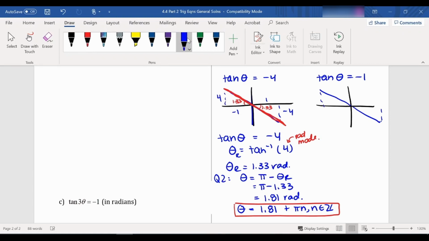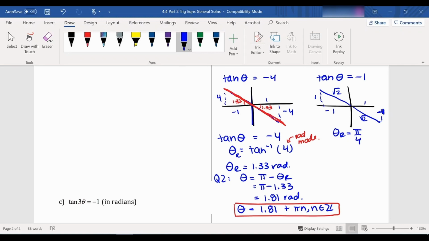For the next one where tan theta is equal to -1, I know that I have special triangles where we have ones. If tan theta is equal to 1, we have opposite over adjacent. That means they both need to be 1. And in this case, we have a couple negatives in here because of negative x's and y's. Again, I know I have a triangle that's a 1, 1, root 2. And our reference angle for that would be pi over 4.